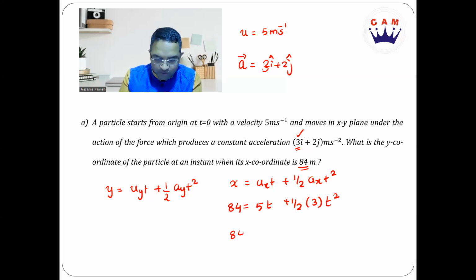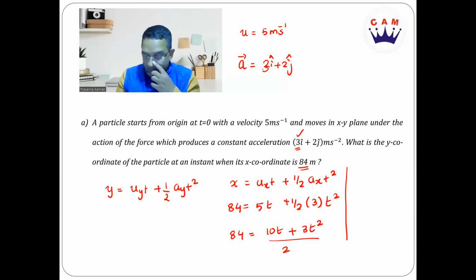When you take the LCM, 84 is equal to (10t plus 3t square) divided by 2, or 3t square plus 10t minus 168 is equal to 0.